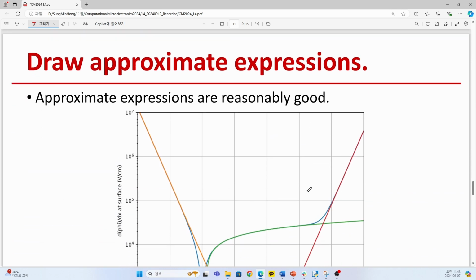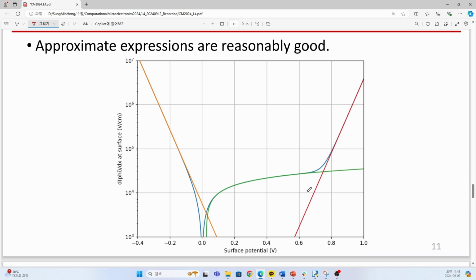So in this slide, I have drawn all three approximate expressions. This blue one is the exact one, and this orange one is only for negative phi s. Yes, it shows good agreement.